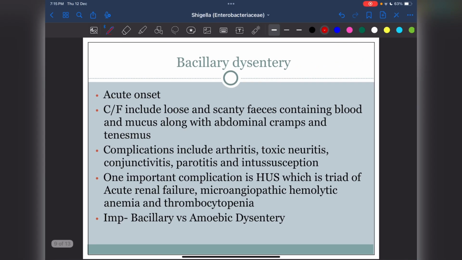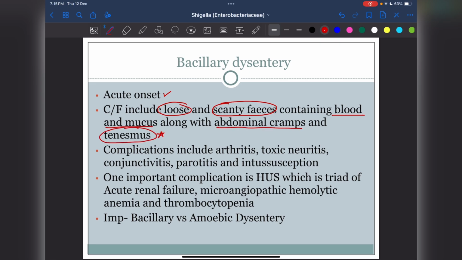Okay, so what is bacillary dysentery? You need to know about its features. There is acute onset. The clinical features include loose and scanty feces that contain blood and mucus. That is the feature that makes it dysentery, the presence of blood and mucus. Along with that, there are abdominal cramps and tenesmus.